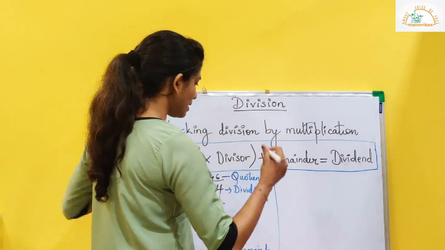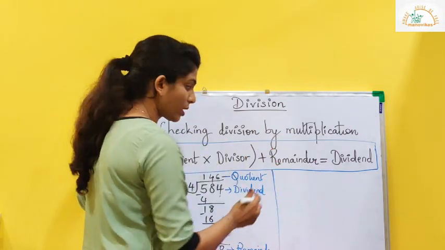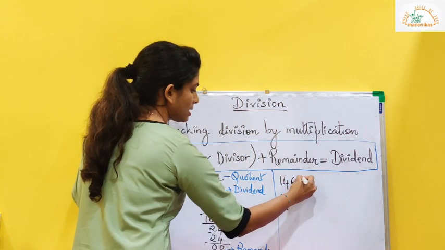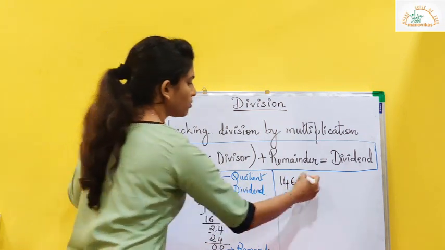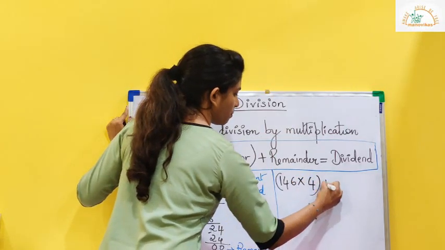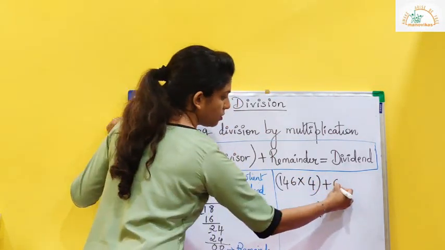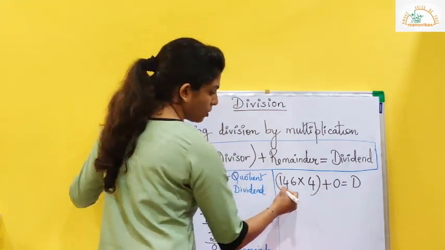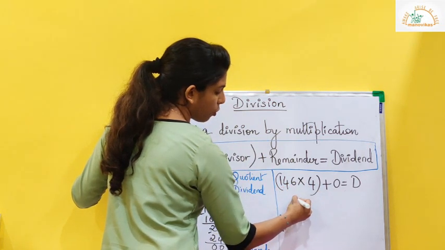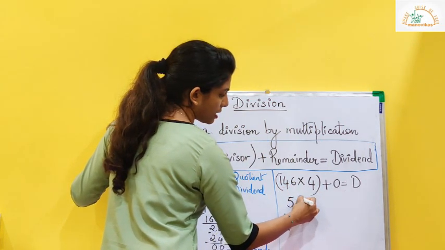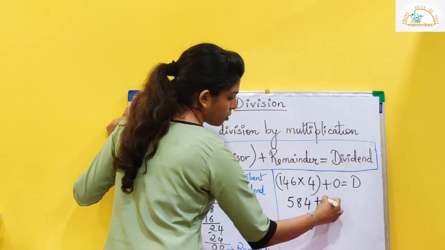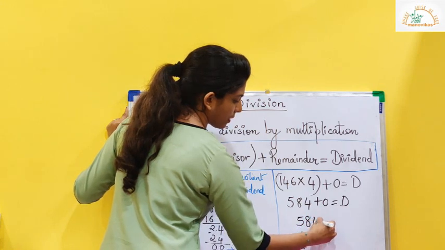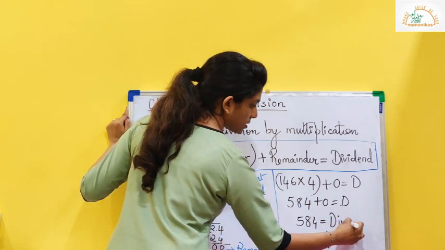Using this formula, let's see if we are getting the answer. Quotient is 146 multiplied by divisor 4 plus remainder 0 is equal to the dividend, so I will write D. Now 146 multiplied by 4 is 584, plus 0 is equal to D. And 584 plus 0 is 584, which gives me the dividend.